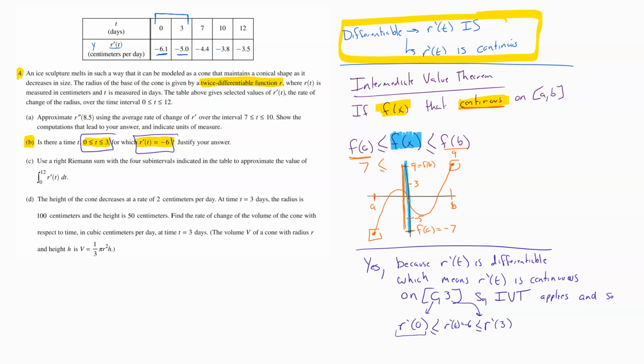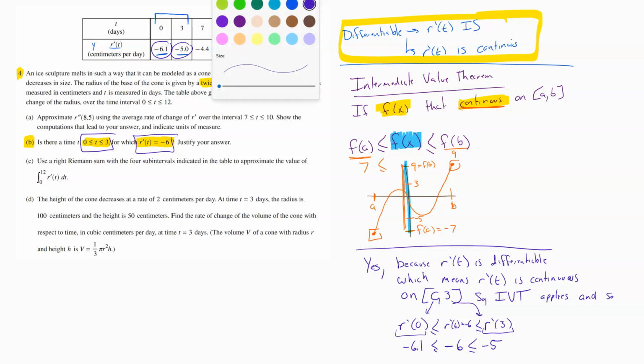So you would say r prime of 0, that is -6.1, is less than or equal to -6, which lives in between there, and that's less than or equal to r prime of 3, which is -5. And that's what you want for your justification.